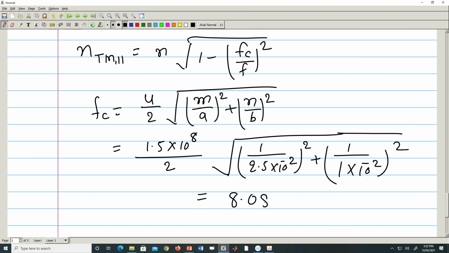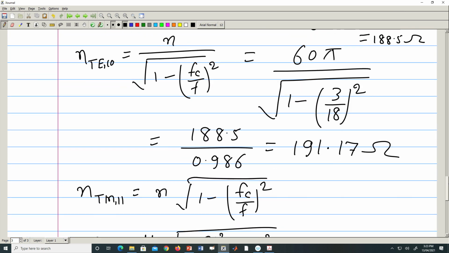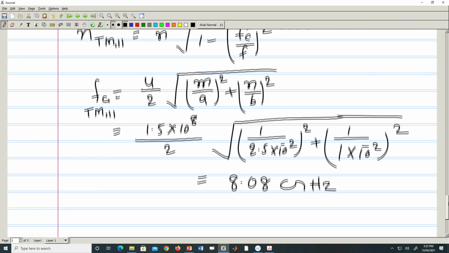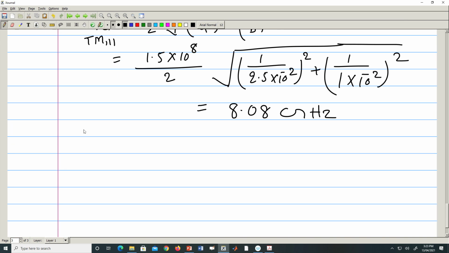After this, eta will also be the same as for the TE10 mode, that is 188.5, and fc is known, f is known. So, now we can directly substitute all the values. The wave impedance for TM11 will be 188.5 into a square root of 1 minus 8.08 divided by 18 whole square.